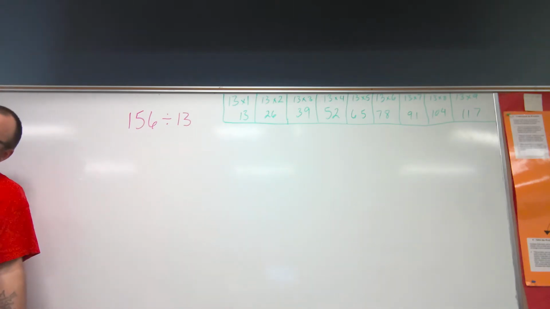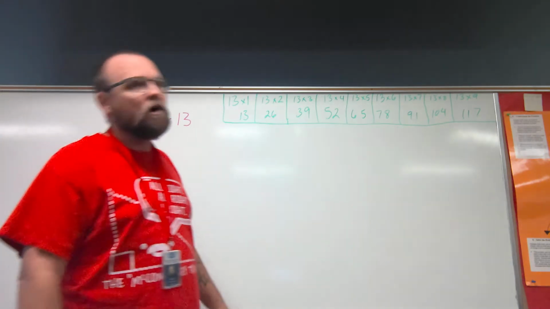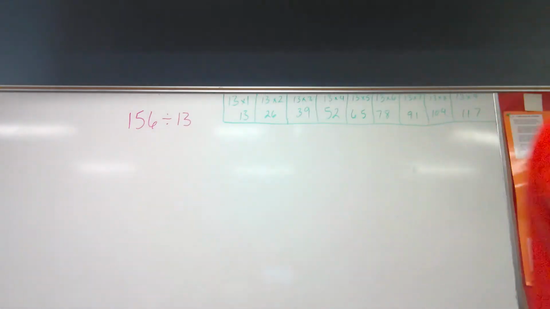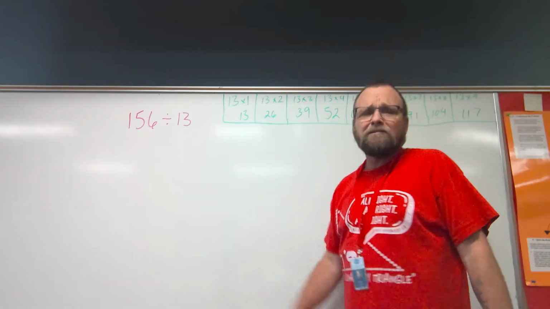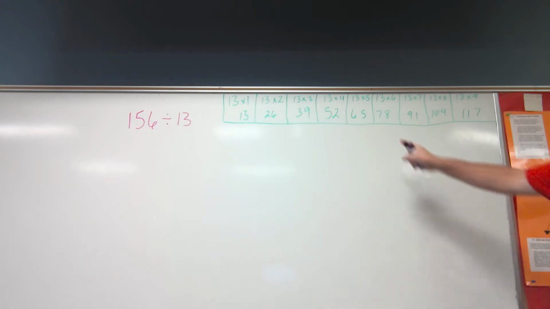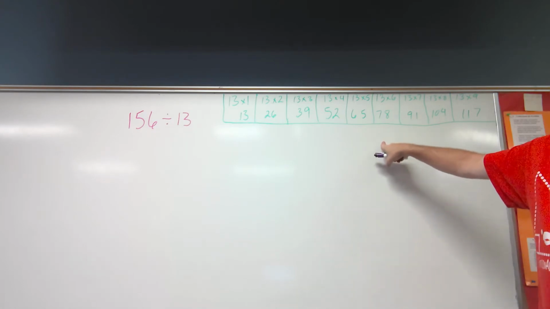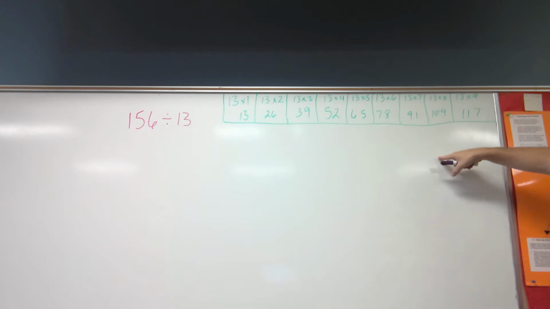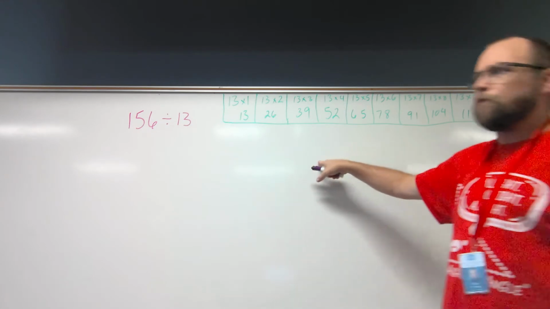What if it was 29 and I had to do 29 times 1, 29 times 2, 29 times 3? I'm not going to keep going. Well, once you've done that, you've done all the hard math. Now all I have to do is be able to subtract, which I'm hoping you can still do.